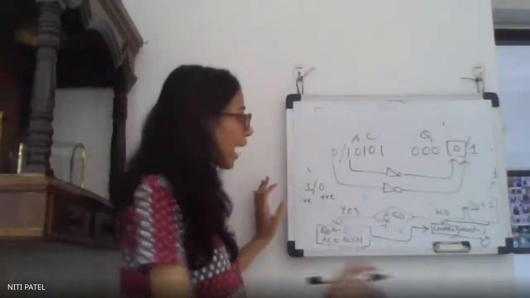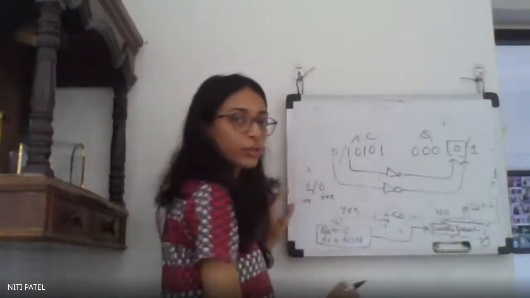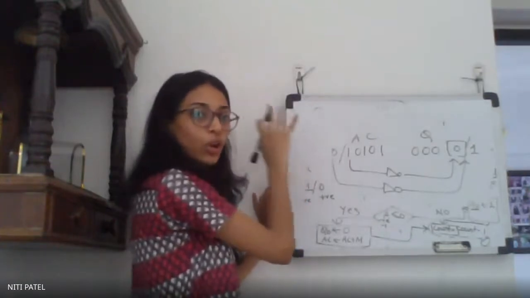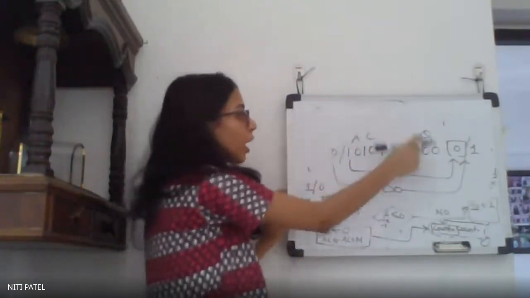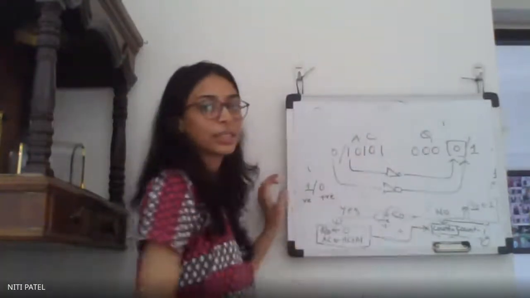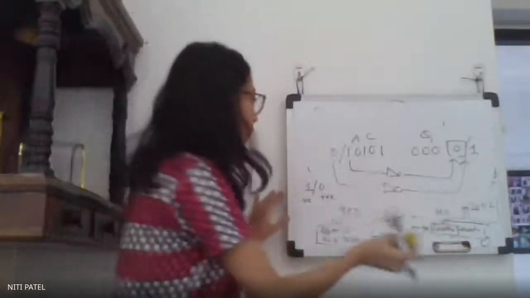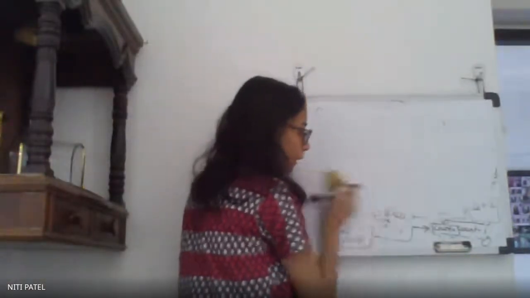After that, decrease the count, that is reduce the cycle. Check if the cycle has become 0. If it has become 0, you will stop. If it has not become 0, again you will shift the values of AC and Q, and you will keep performing this till your total number of cycles have been completed.